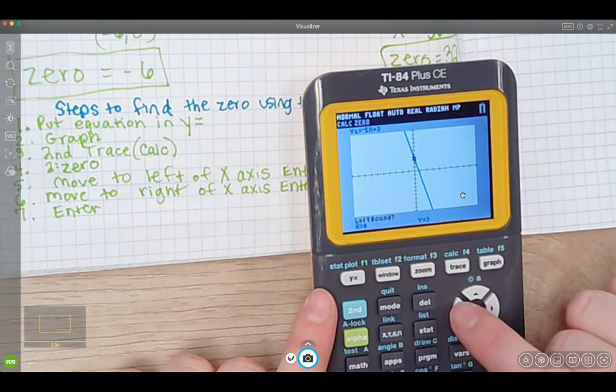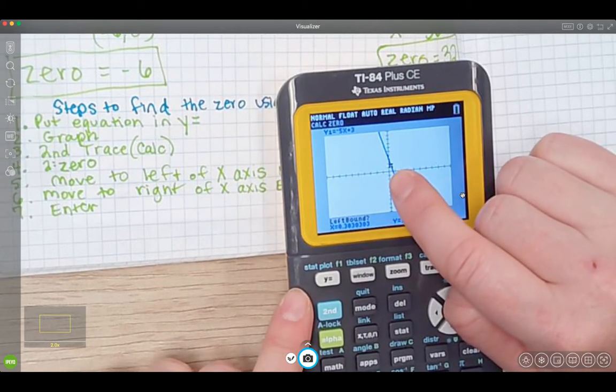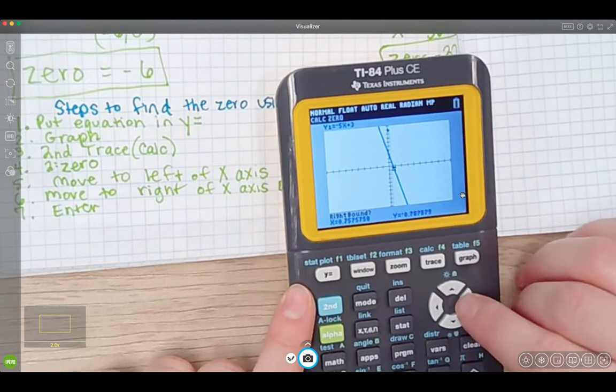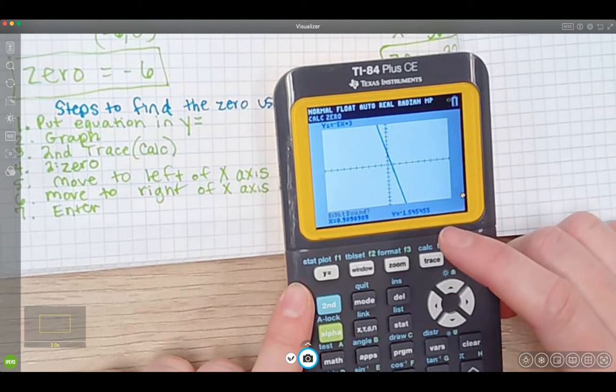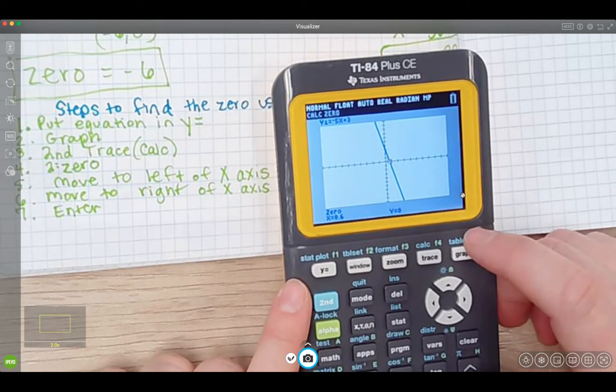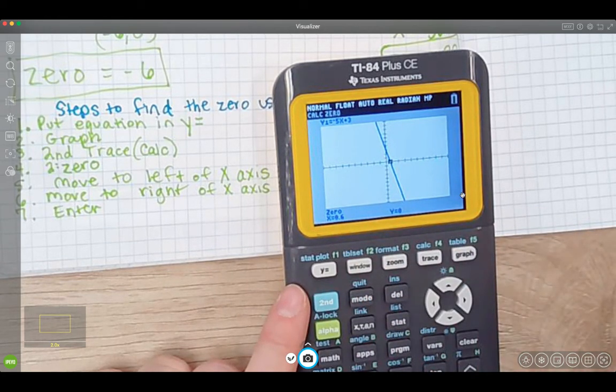We want to go to the left side. So in this case, it's going to be right here. That's the left side. Enter. Right side. You go down here. Guess. Enter. Did we get the same thing? 0.6. If you didn't, you need to ask your neighbor to help you. You need to show them you doing it, and then see if they can help you.